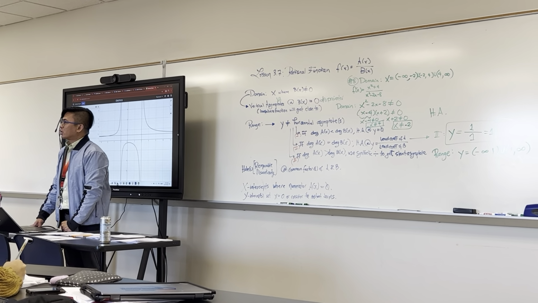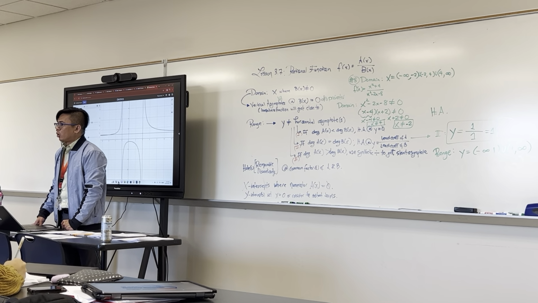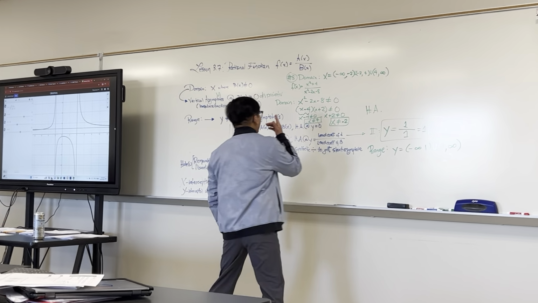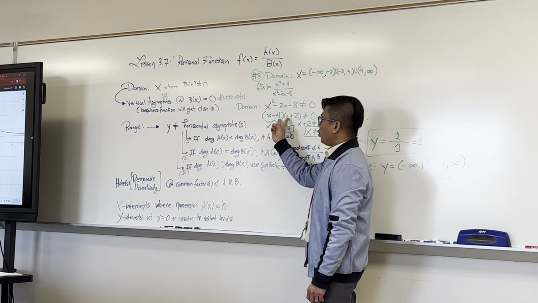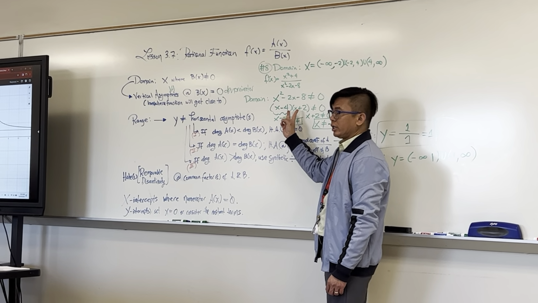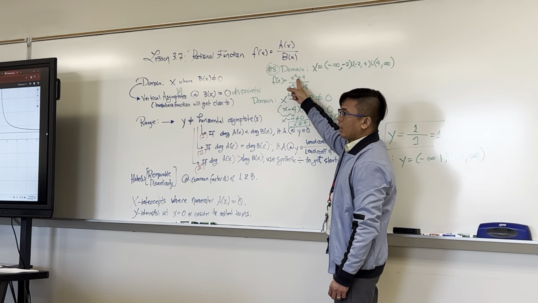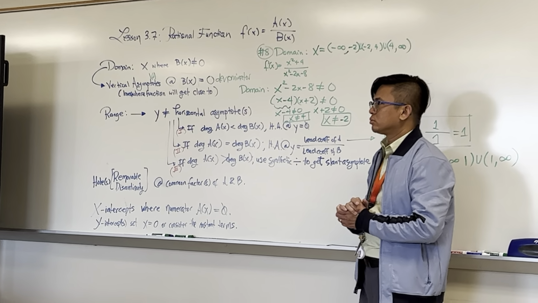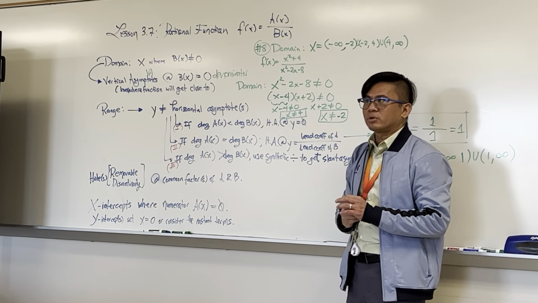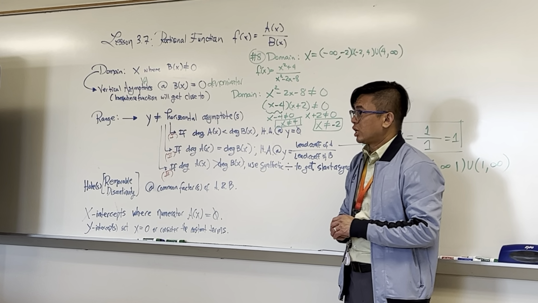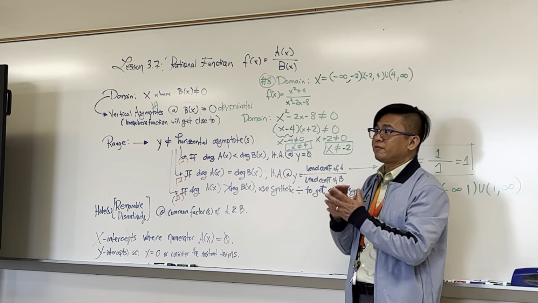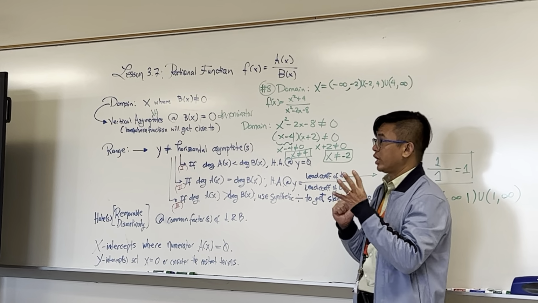Are there possible removable discontinuity or holes, right? Well, we know that the factored form below is x minus 4, x plus 2. Now, is the one above, x squared plus 4, factorable or not? Actually, not factorable, right? In short, x squared minus 4 is factorable, x plus 2, x minus 2.